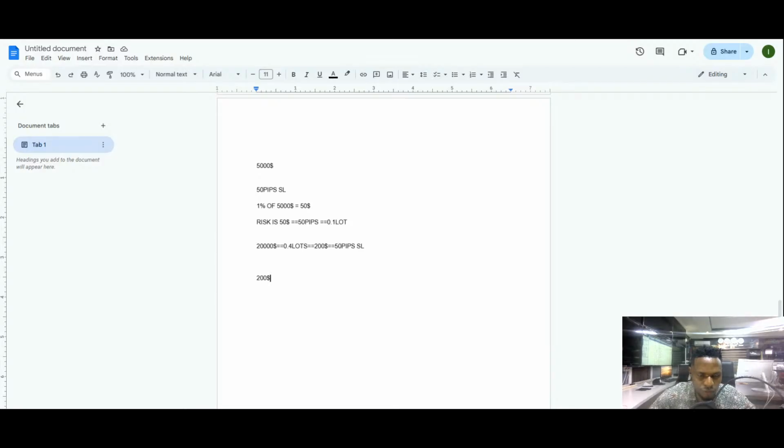If you divide 5,000 by 200, how many times is this? If we use the calculator, this calculator, no, calendar, calculator.